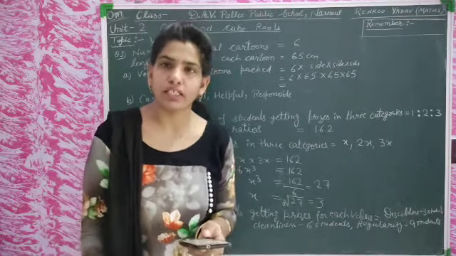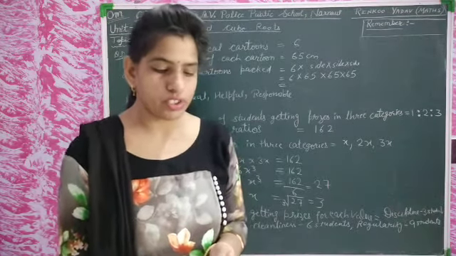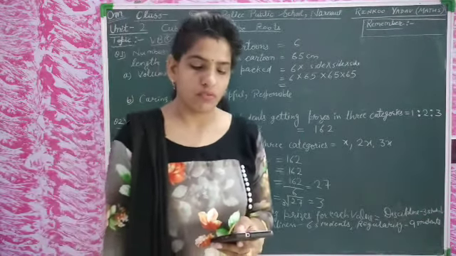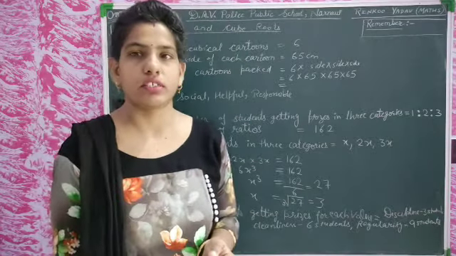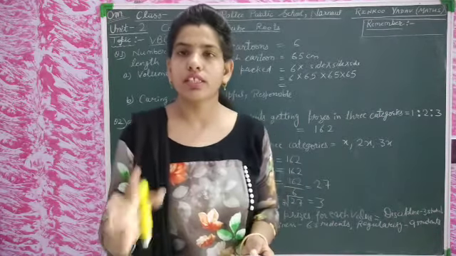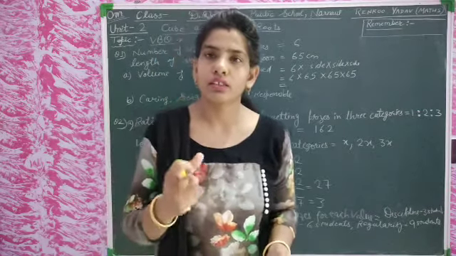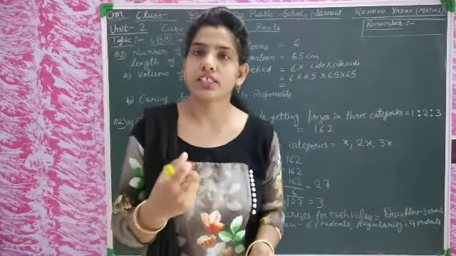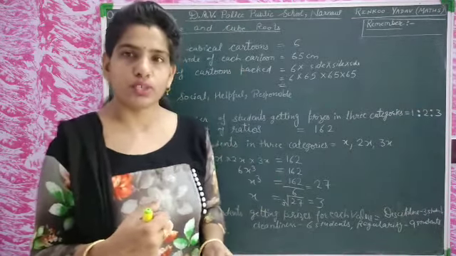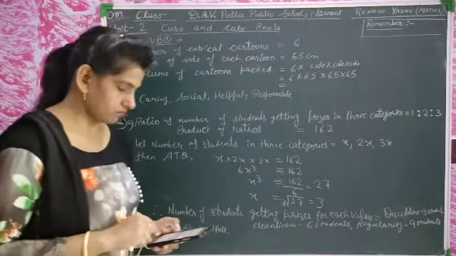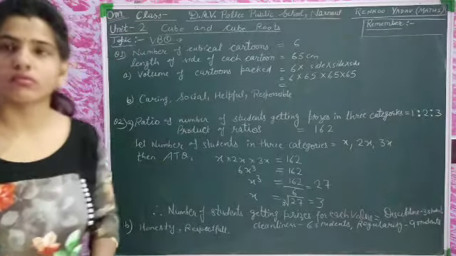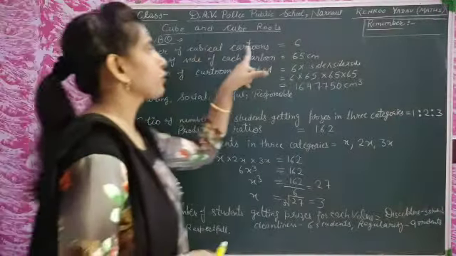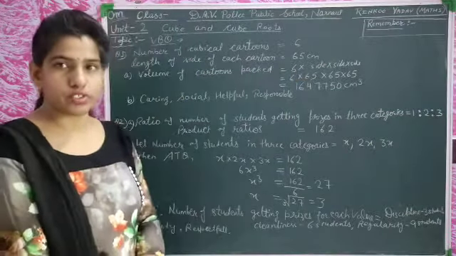These provisions were packed in 6 cubical cartons, each of side measuring 65 cm. So students, let's see: how many cubical cartons are there?